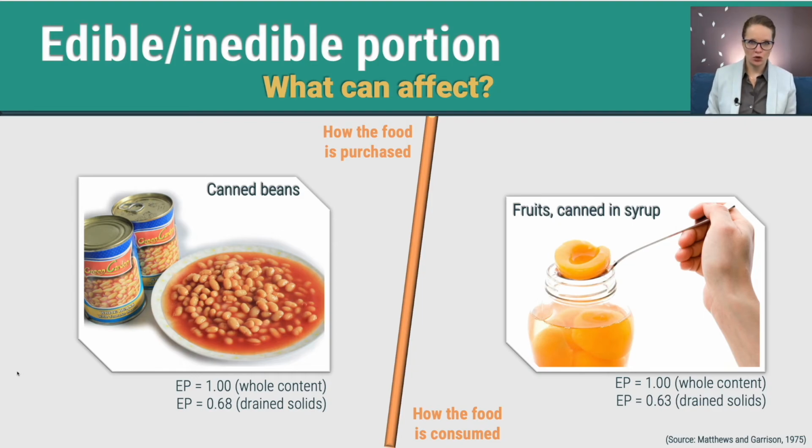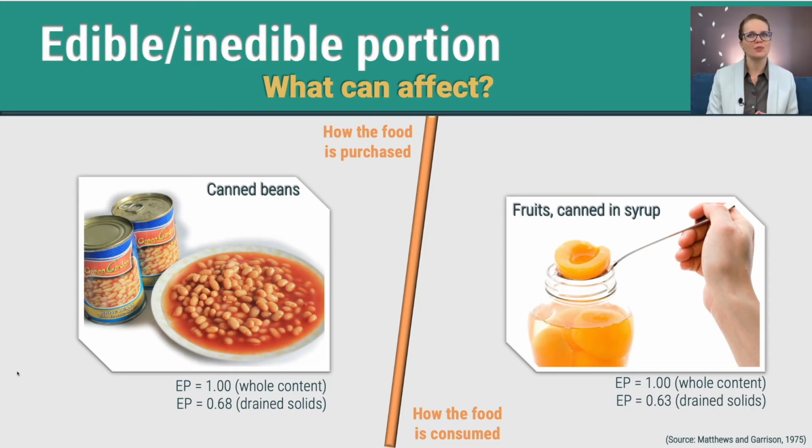So looking at all these examples, we can see that when we are selecting edible portions, either to use or to include in a food composition table, we really need to think how the food is purchased and how the food is consumed. So it is extremely important to take into consideration these two aspects and also to describe very well, when we are preparing a food composition table, what we are considering as the edible part.